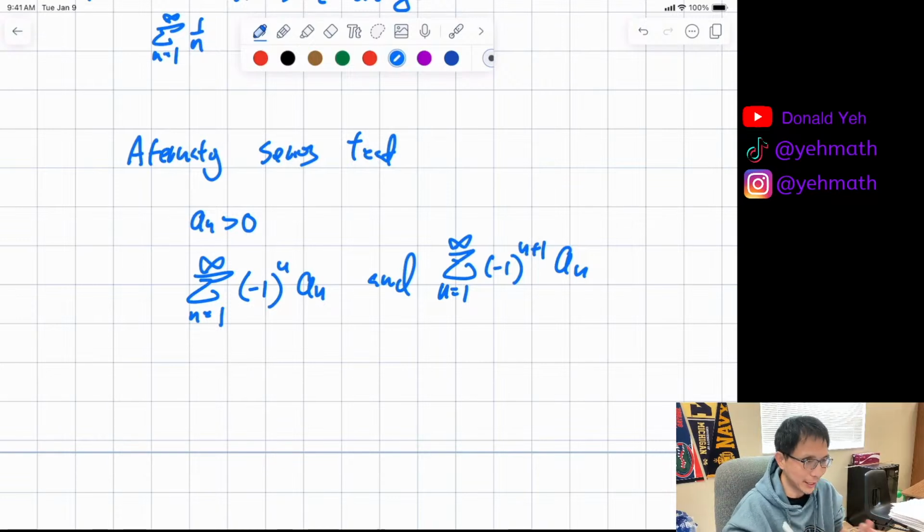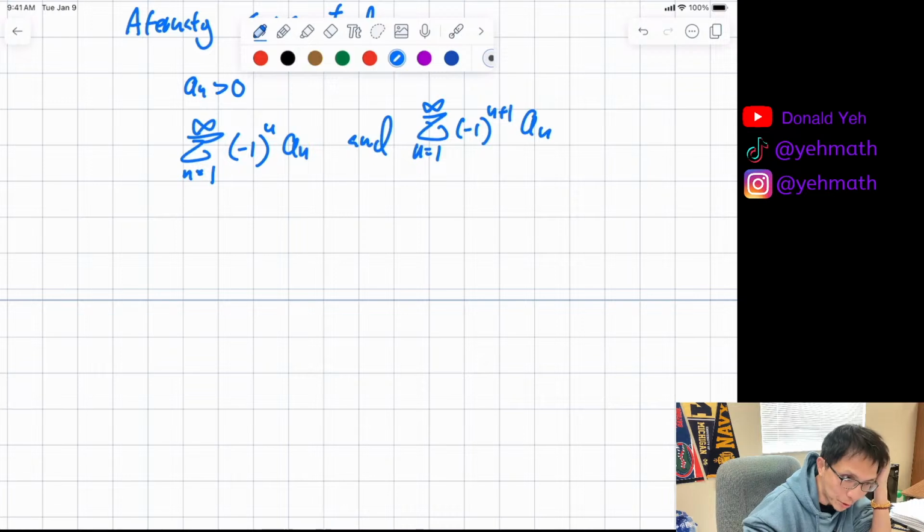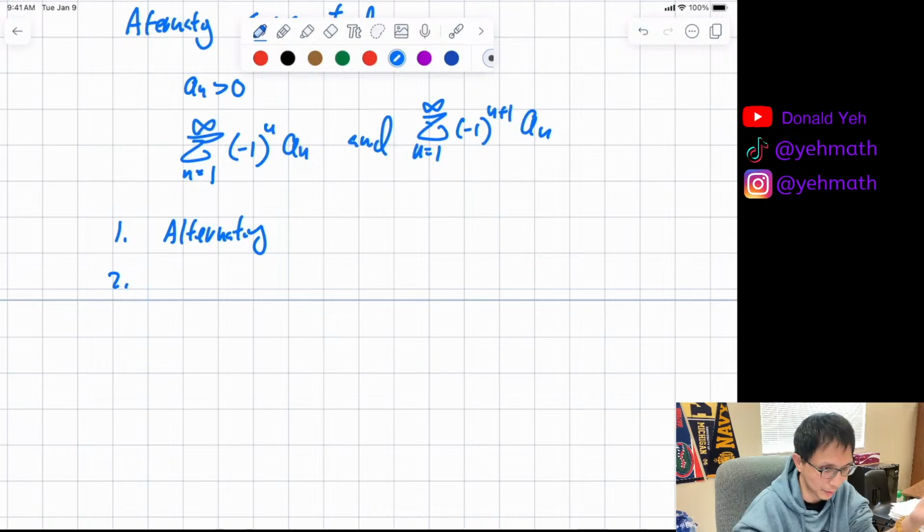It doesn't matter which way it is. If it fulfills two conditions, then it will converge. Which two conditions? Well, the first condition, it has to be alternating. It has to be plus, minus, which is the first two, right?